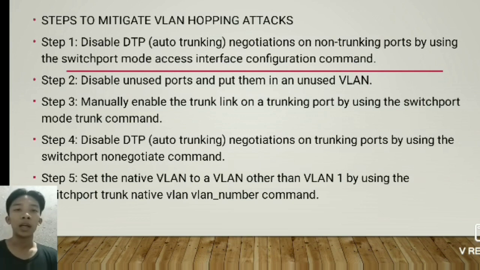Step 4: Disable DTP auto-trunking negotiation on trunking ports by using the switchport nonegotiate command. Step 5: Set the native VLAN to a VLAN other than VLAN 1 by using the switchport trunk native vlan vlan_number command. Okay, those are the steps to mitigate VLAN hopping attacks.